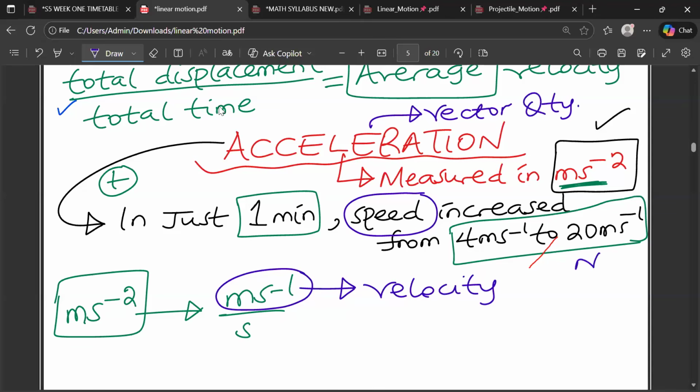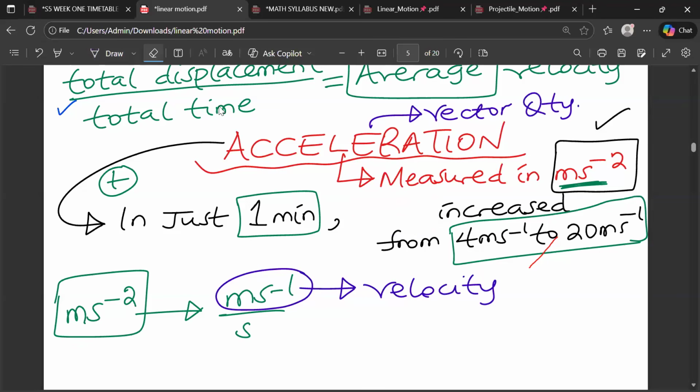Here I can add a direction to make it a velocity, or I can just remove speed and put velocity. So it is velocity over time.